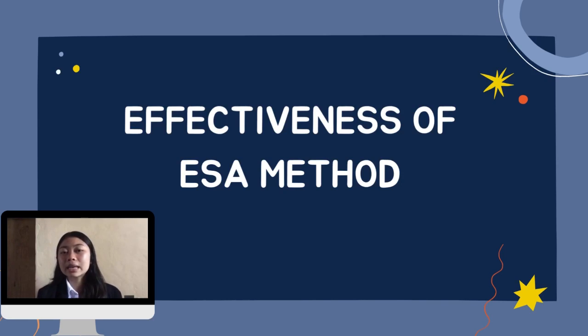Through ESA, students are focused and highly motivated to learn. The concept by Jeremy Harmer in his book is How to Teach English. ESA is a method of structuring your lesson in three elements. The different stages of ESA can be flexible and used to keep students engaged all the time.